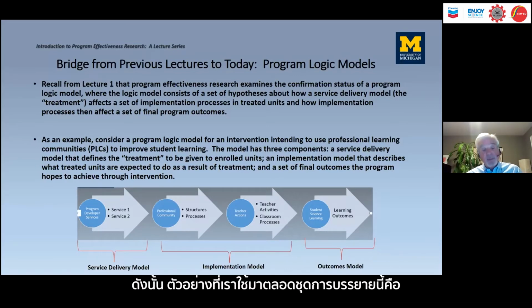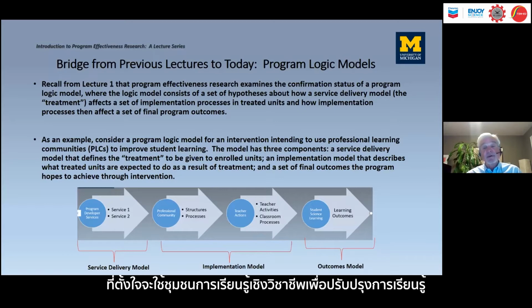So the example which we have been using throughout this lecture series is a program logic model for an intervention that intends to use professional learning communities to improve student learning.